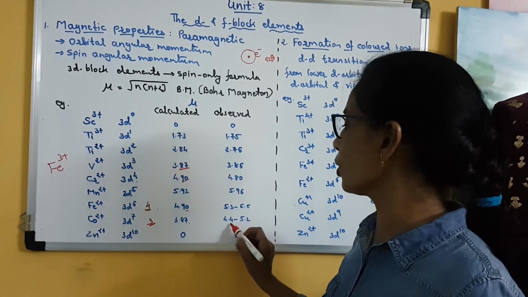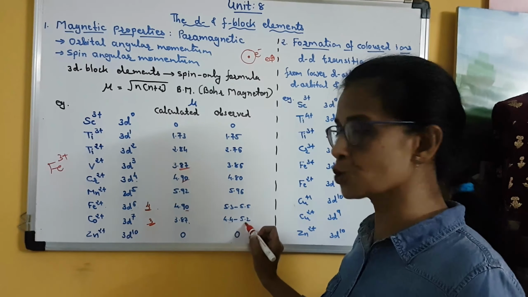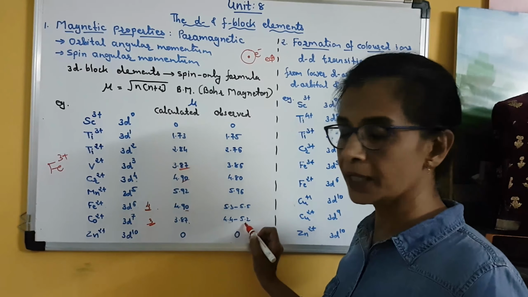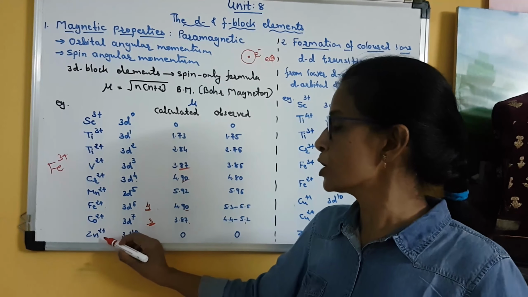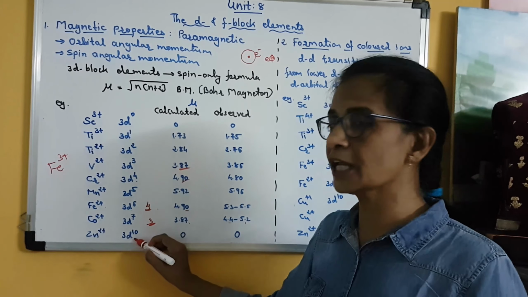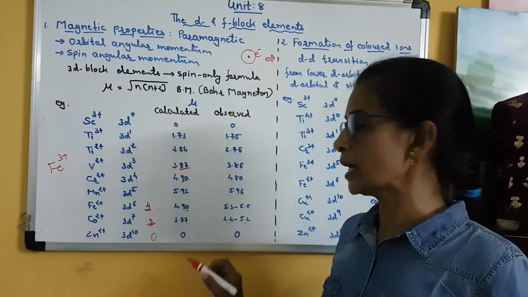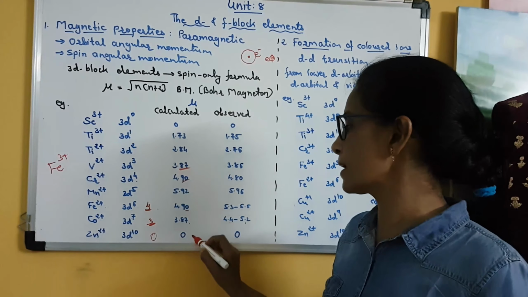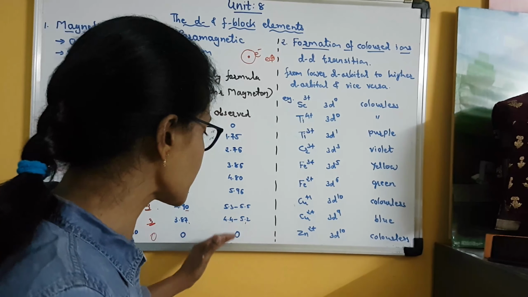Clear? And the observed value is in the range of 4.4 to 5.2. Clear? Then comes Zn2+. Now Zn2+ is not a transition element, but it is a 3d block element. So Zn2+ has 3d10, means all electrons are paired. There is 0 unpaired electron, and that is why its magnetic moment, whether calculated, theoretical, or observed, the experimental, both are 0.